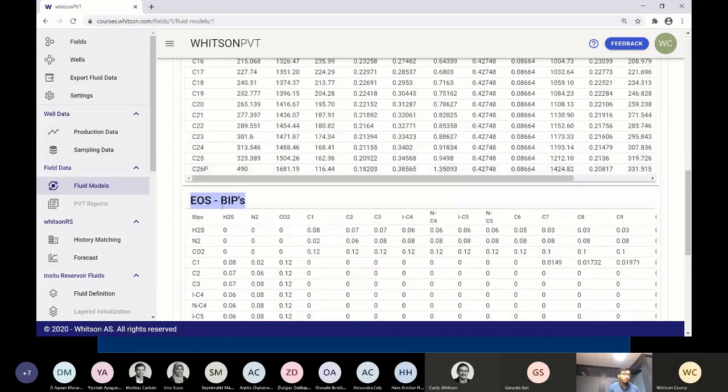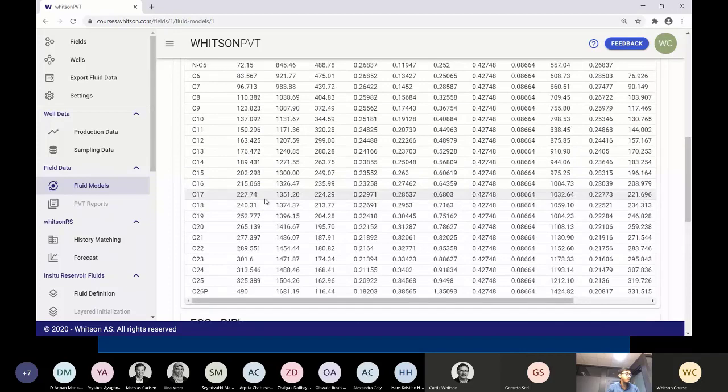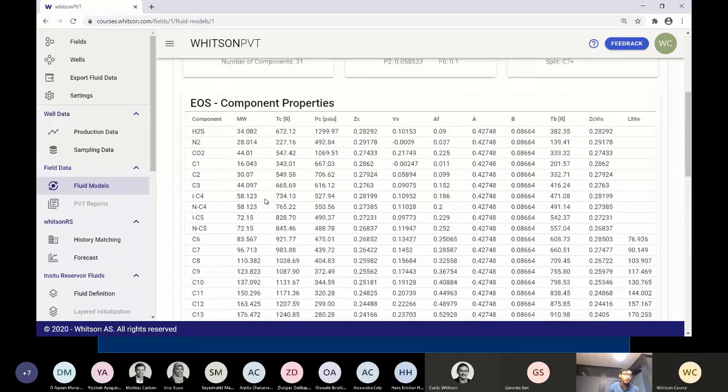We will come back to binary interaction parameters when we discuss how the same EOS models are applied to mixtures. But the things we are already familiar with are the components, of course; for a multi-component system we have multiple components here. The molecular weight, the critical temperature TC, the critical pressure, and the eccentric factor. This is the critical Z factor, and this is the volume shift. So volume shift is the next thing on the list.